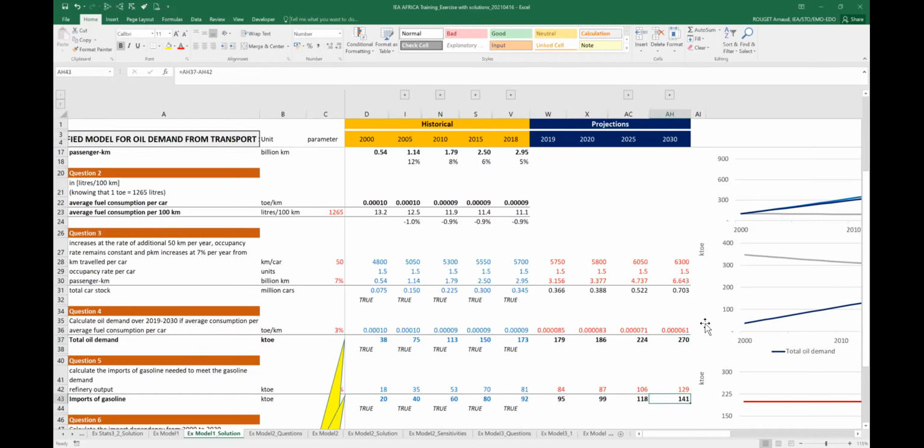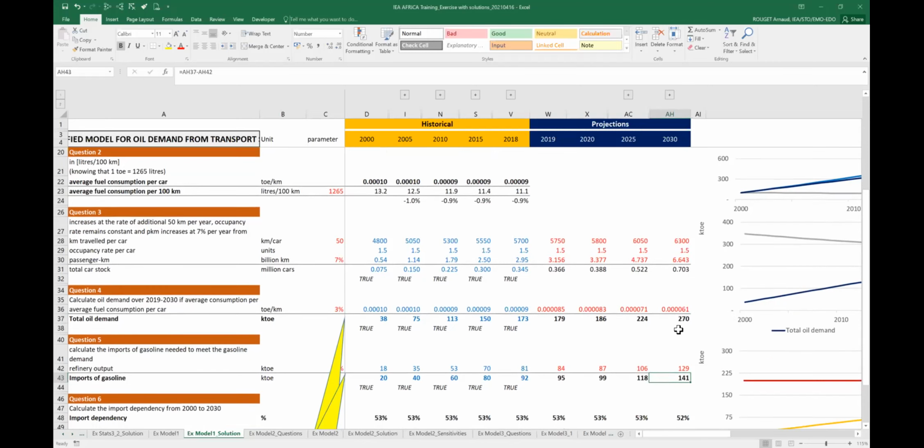There will be 141 that will come from the domestic refineries. So this gasoline will be produced in the country, and to match the total demand, we need to import whatever is not coming from domestic refinery activity. To get the import rate, we look at the amount imported divided by the total quantity of gasoline consumed.